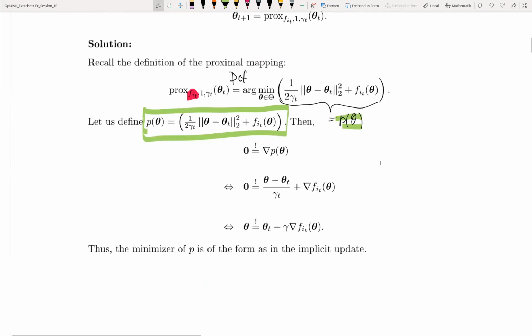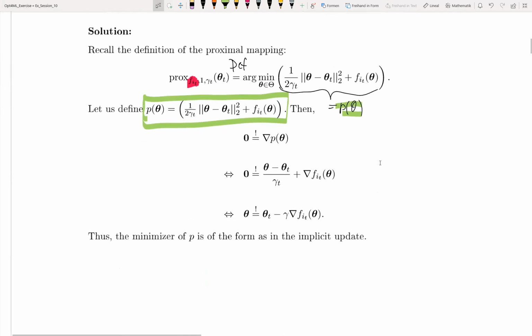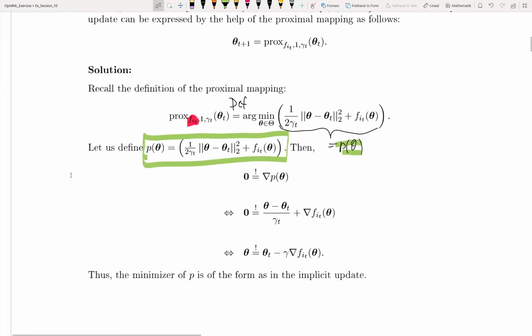So actually it should be also a convex function. Because when we have a convex function, we can definitely find the minimizer, namely by looking at the point where the gradient of this function is 0.